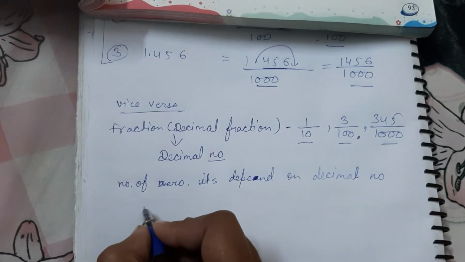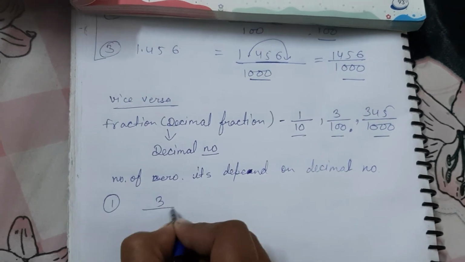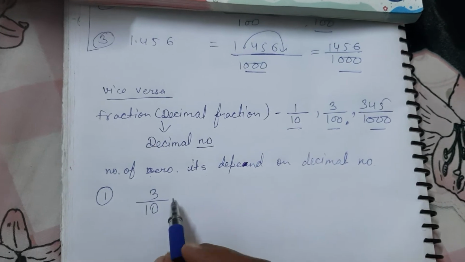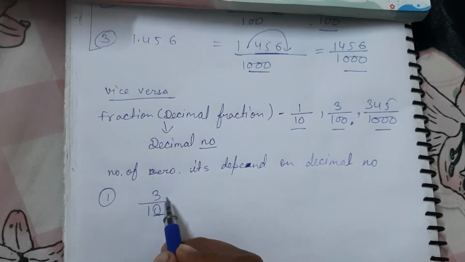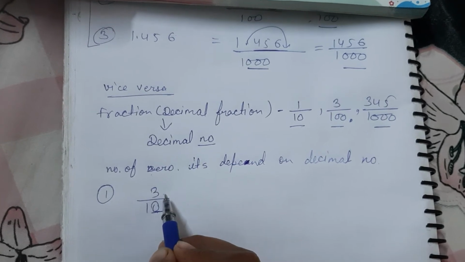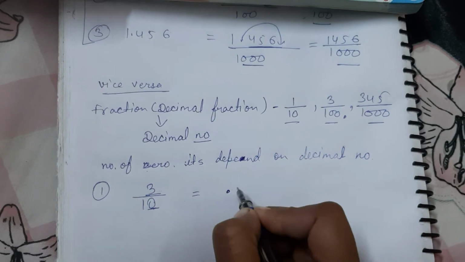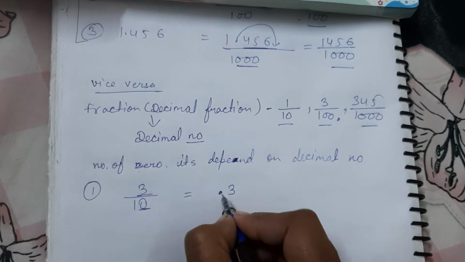Now like example is given, the example is 3 upon 10. So number of 0 means 1. So in numerator how many decimal numbers are there? 1. So 3 is there. So you have to put here the decimal in front of 3. Now that answer is 0.3.